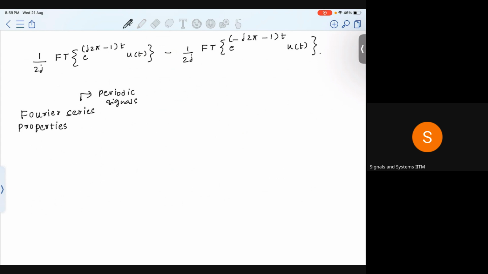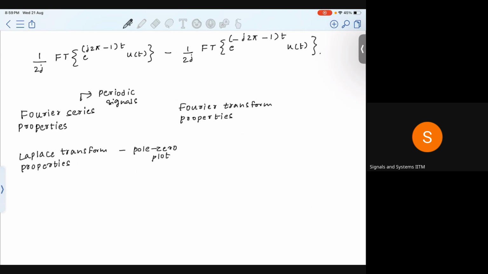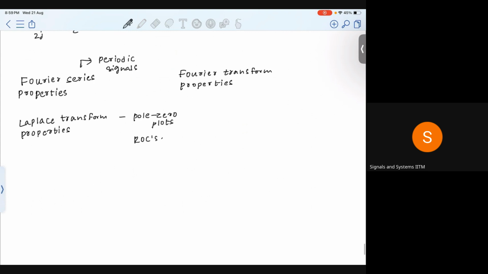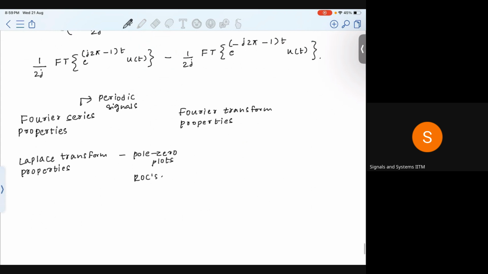And when it comes to aperiodic signals, we have the Fourier transform, properties, Laplace transform, properties, pole-zero plots, region of convergence. All these things you should be very familiar with when it comes to the exam.